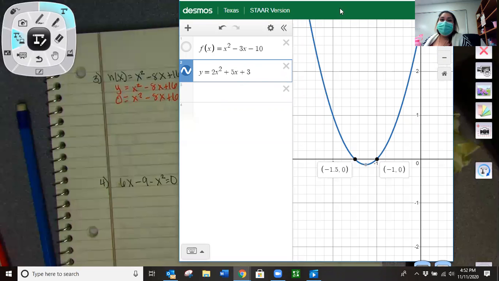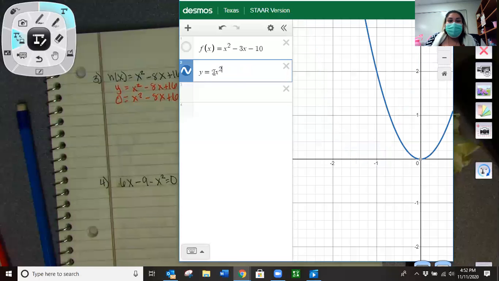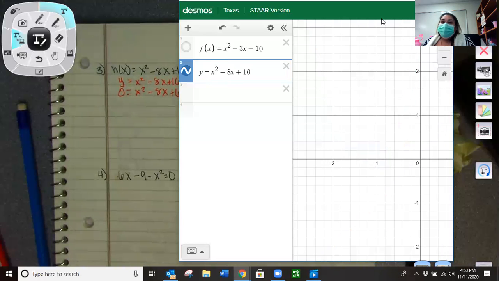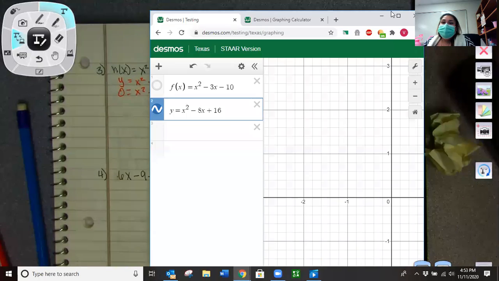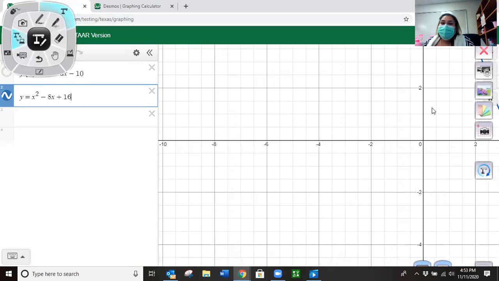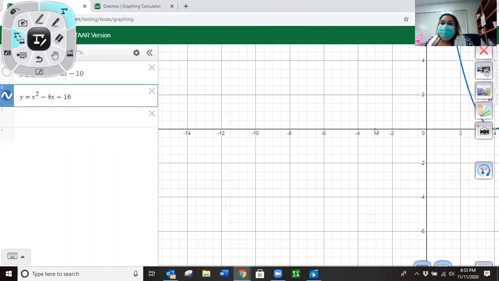So this next one is going to be x squared minus 8x plus 16. Now, what you're going to notice is, where did your graph go? So we're going to zoom out because it's there somewhere. Oh, there it is.